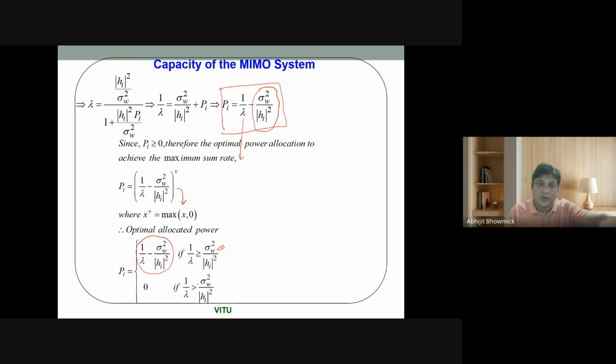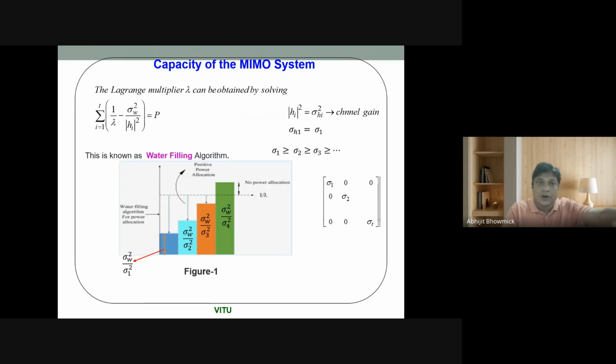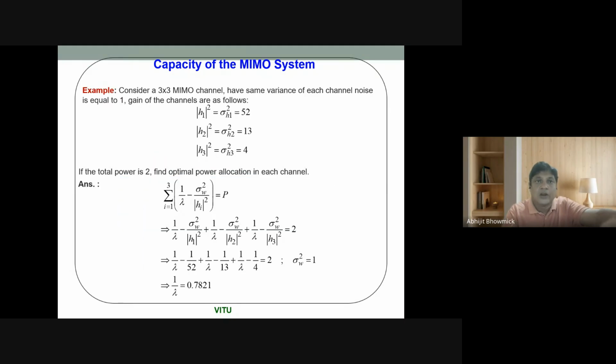If this condition is wrong, if the user has higher power than the requirement, then it won't be allocated any power. Already I discussed this water filling algorithm. Now I'll take a problem.